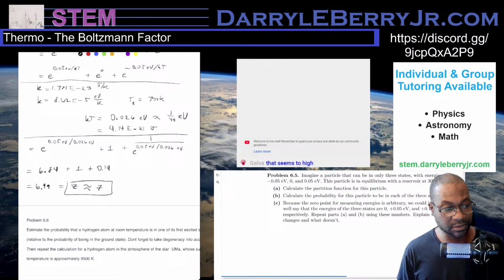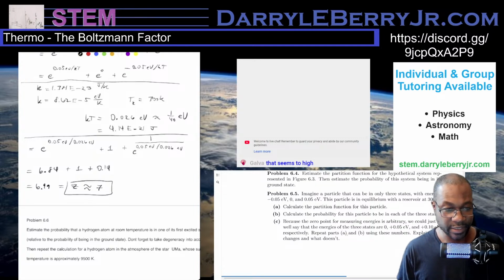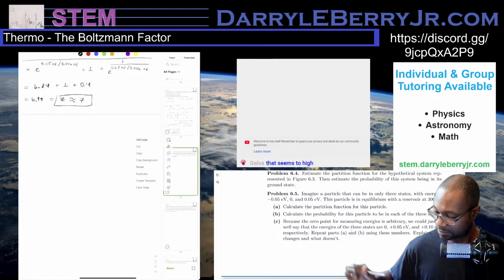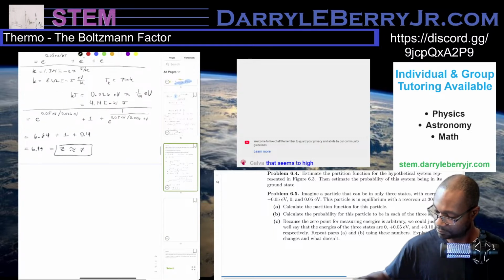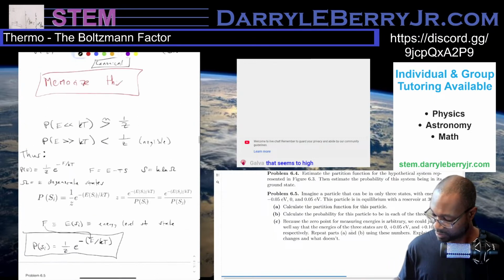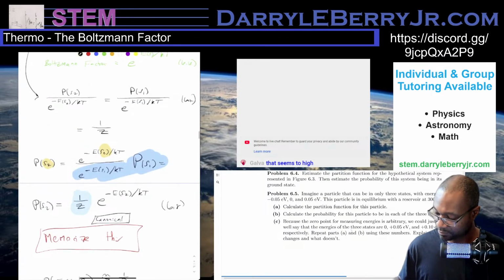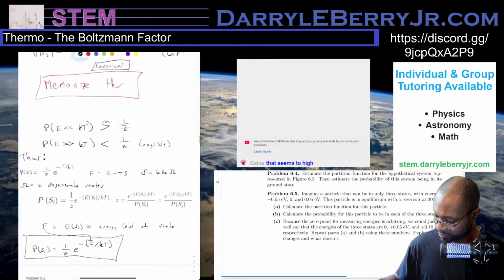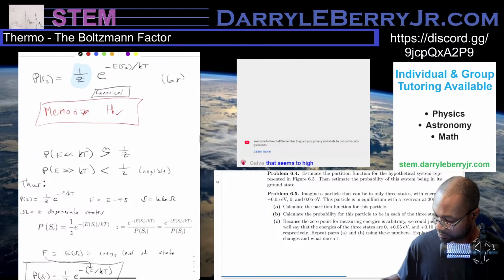What does it say next? It says calculate the probability for this particle to be in each of the 3 states. Let's see here. So we saw earlier from our derivation that the probability is this. I should probably convert this, if we haven't already.